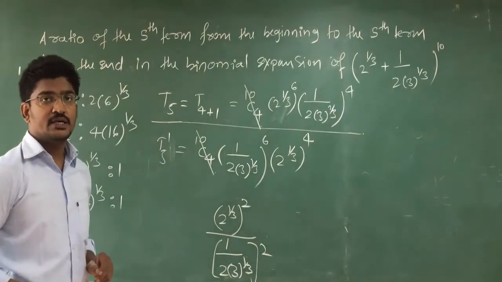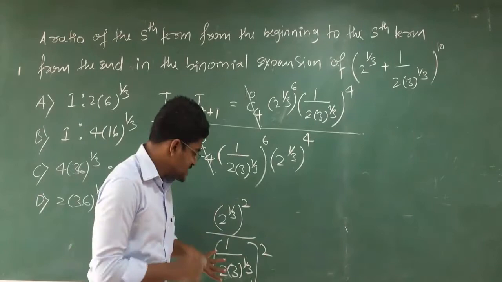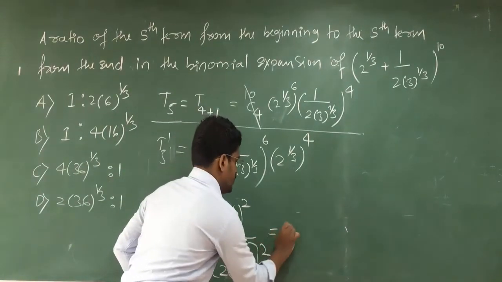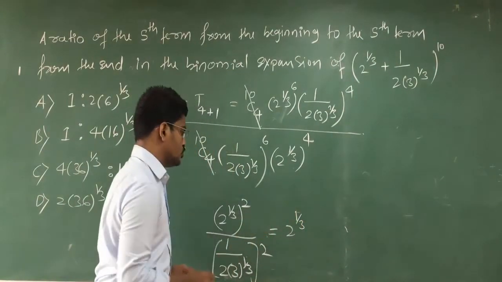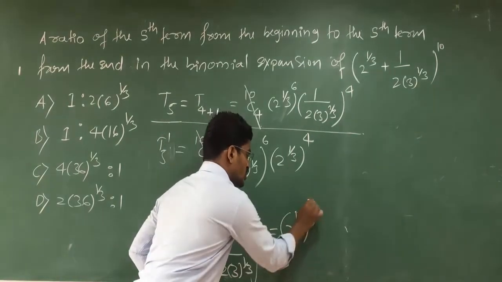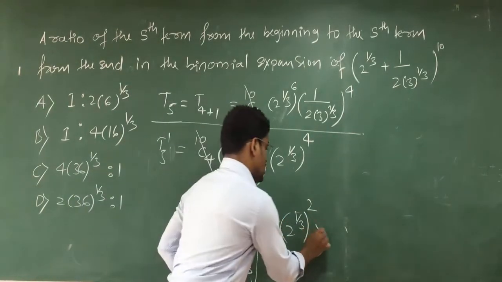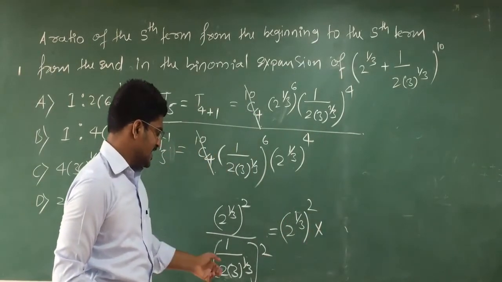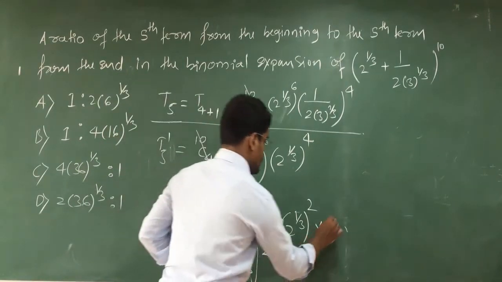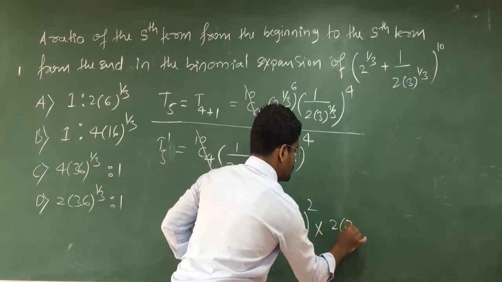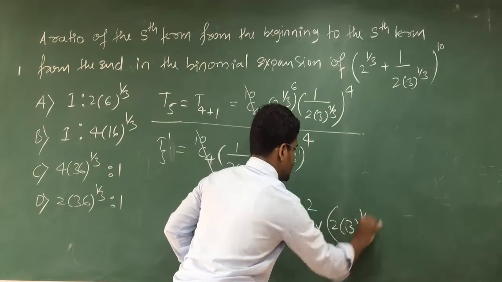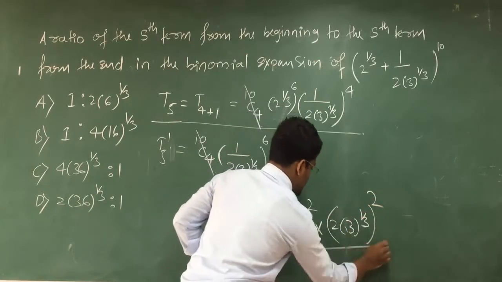Clear? So next, after this if I simplify, 2 into (2 to the power of 1 by 3) whole square multiplied with, I can write this term as (2 into 3) whole to the power of 1 by 3 whole square, completely divided by 1.